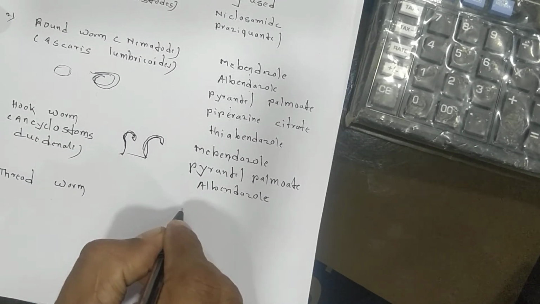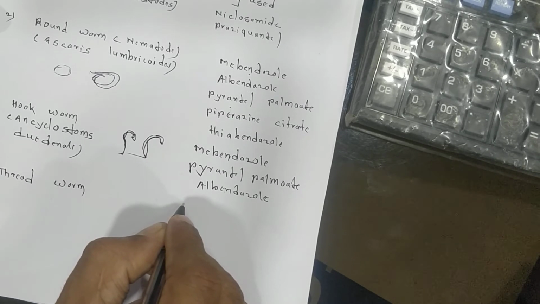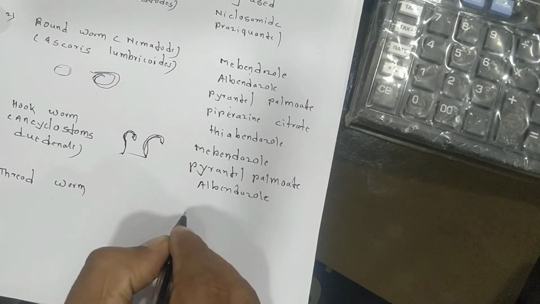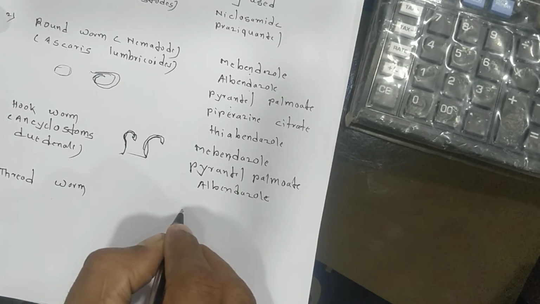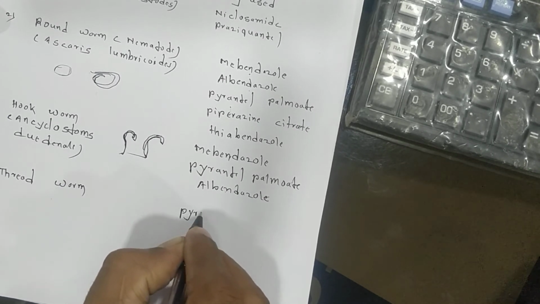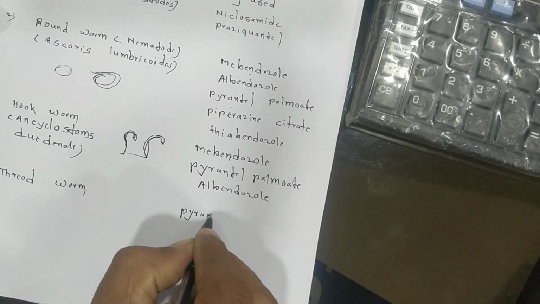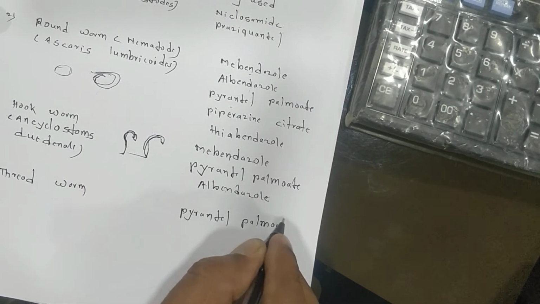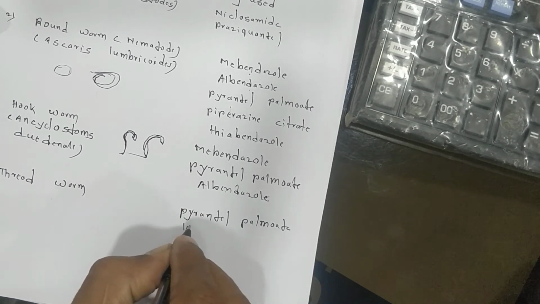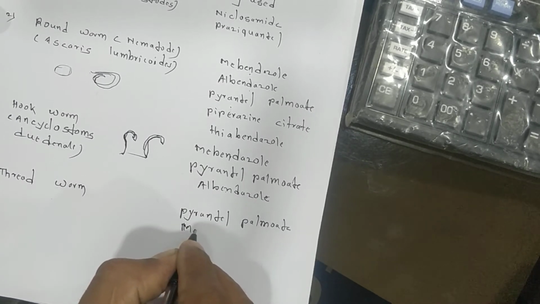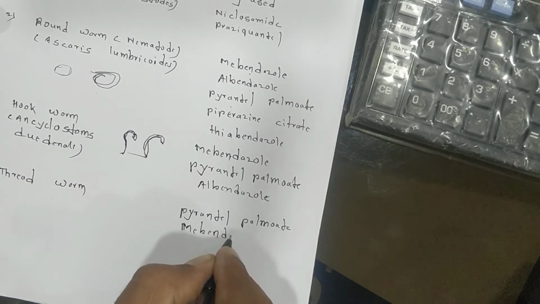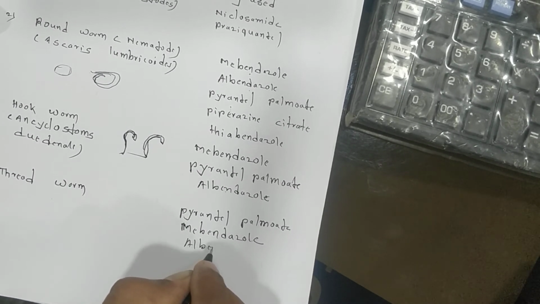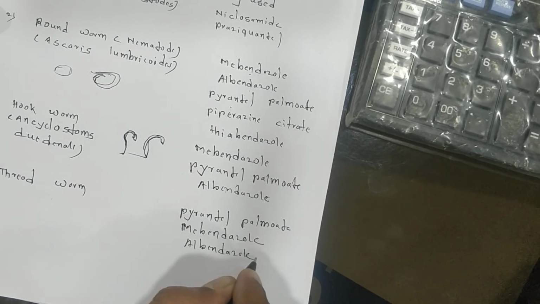Threadworm. The drugs used are mebendazole, albendazole, and these all. Choice of drug: pyrantel pamoate, mebendazole, and albendazole. Okay.